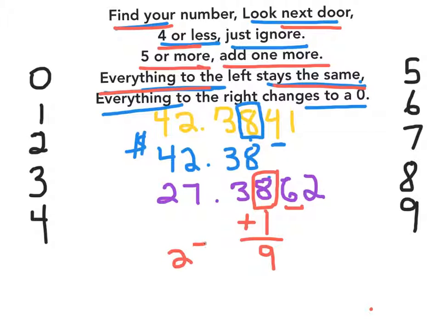So we remain with $27.39. And everything to the right changes to a 0. Mind you, again, we don't need to put that because we are referring to money. So $27.3862 rounds off to $27.39.